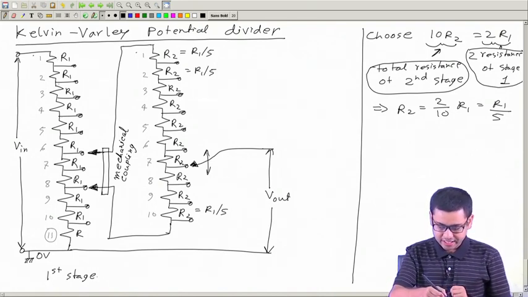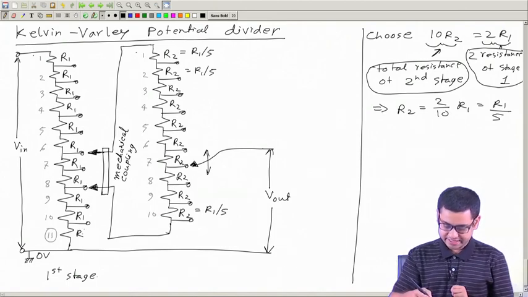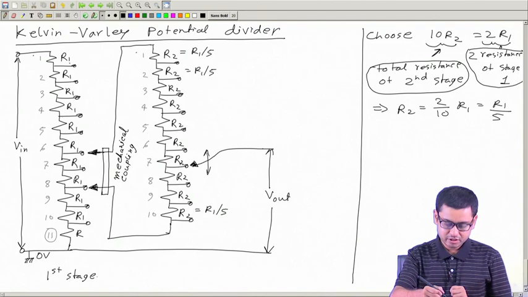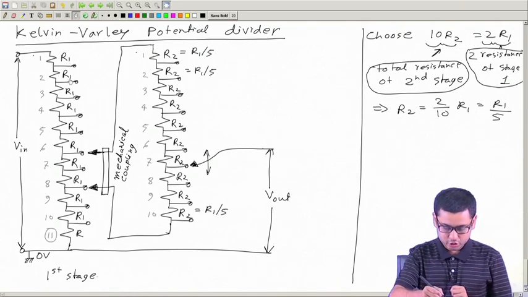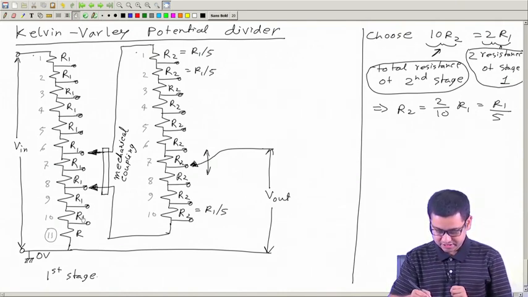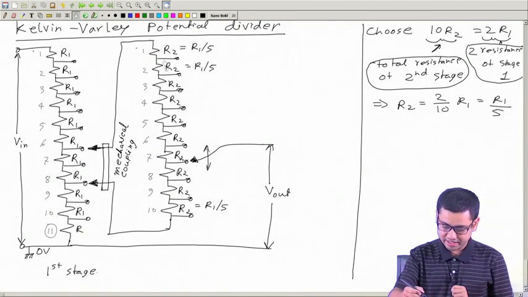Now the total equivalent resistance in the first stage is how much? R1 times 1, 2, 3, 4, 5, 6, then 7, 8, so 8 and 9. 9 R1 plus this and this in parallel.